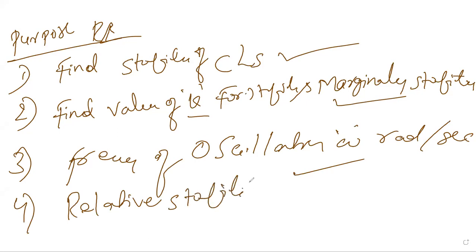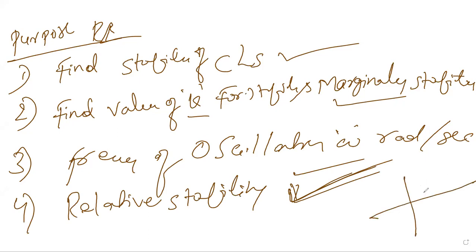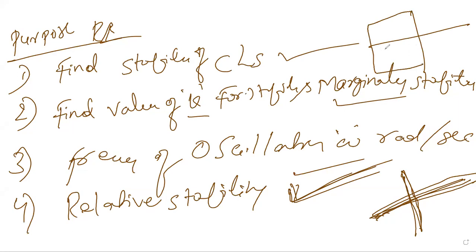relative stability. Finding relative stability is a very important topic, right? Relative stability explains the location of the poles, how far the poles are from the stability boundaries. Suppose this entire region is the stability region, right?